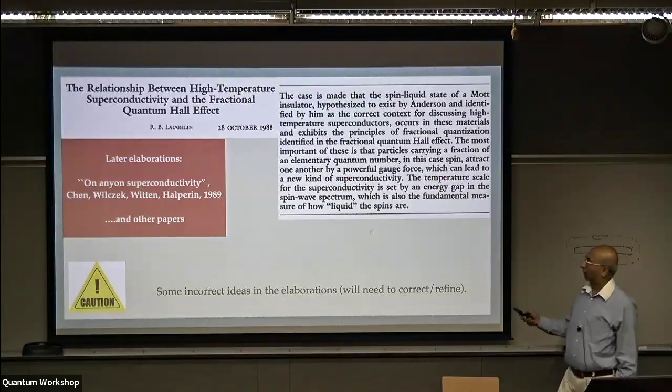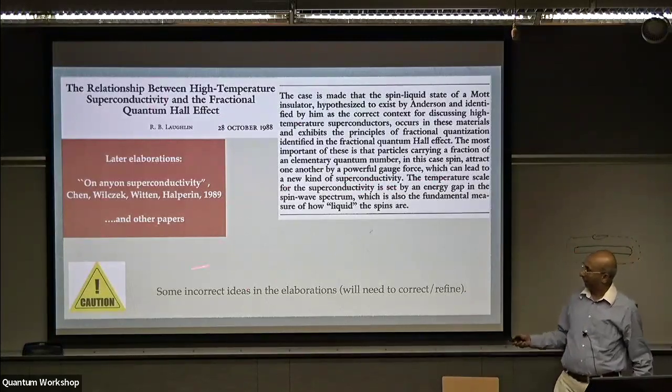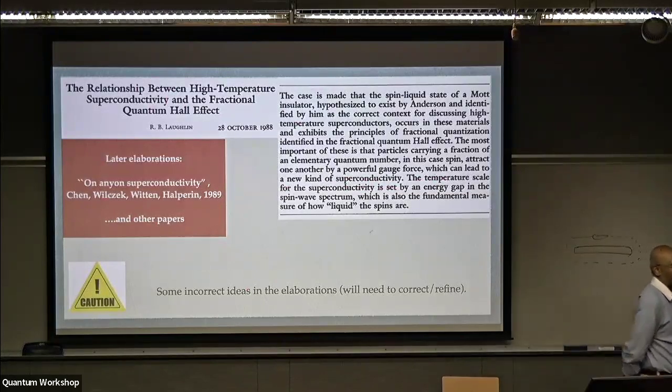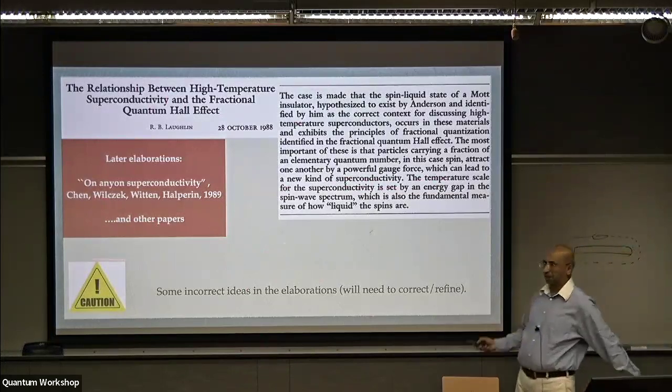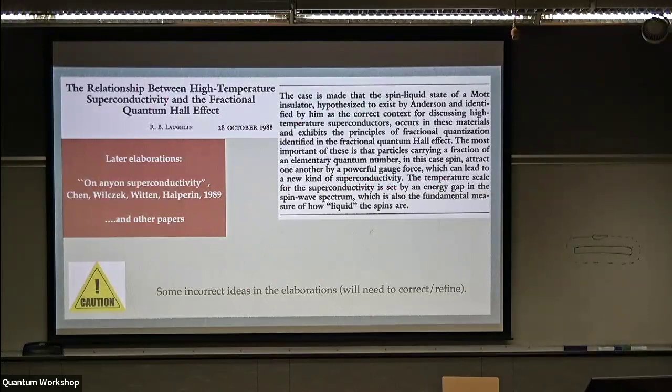Right? That was in the late 80s, and it was elaborated by famous people later on. I believe the term anyon superconductivity comes from this paper, along with several other papers, which were all referenced nicely in Alex's talk. I'm too lazy to put them all up.